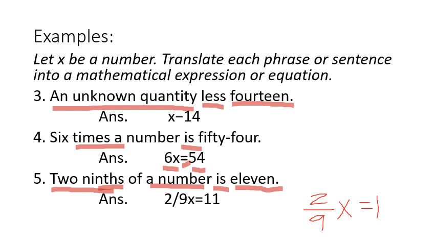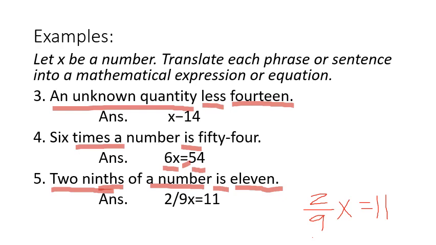11. Kapag nagpe-present kayo ng mathematical equation, I hope that I will never hear you say "is equals to." No, that is grammatically incorrect. So you can say 2/9 of x is 11, or 2/9 of x is equal to 11.